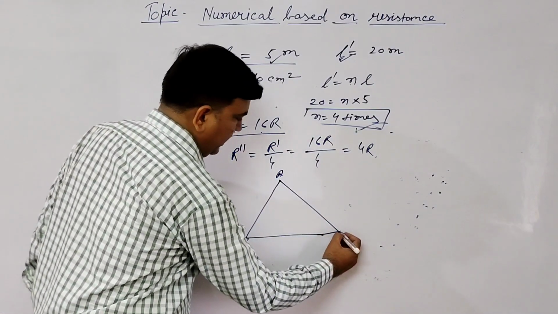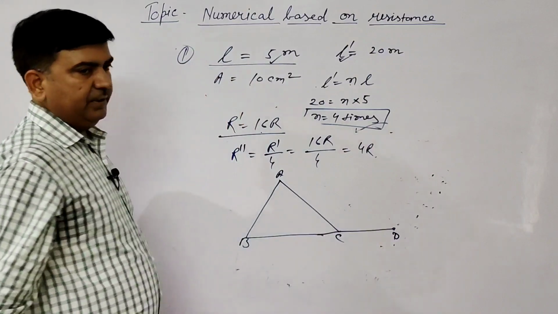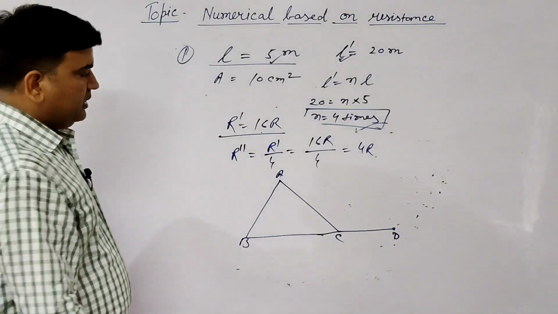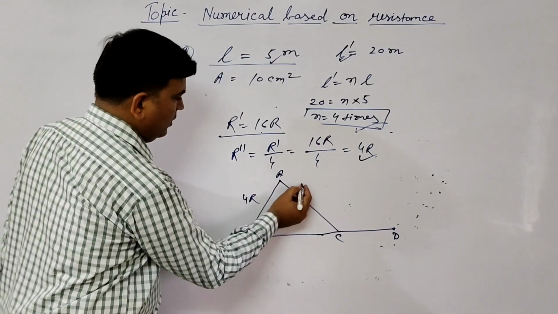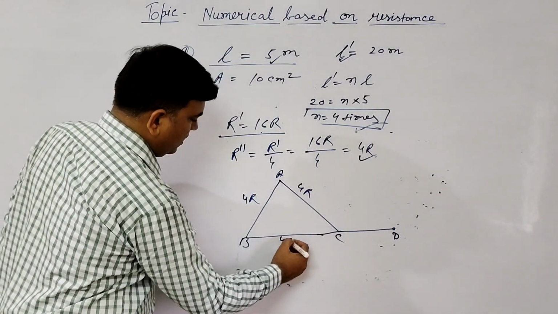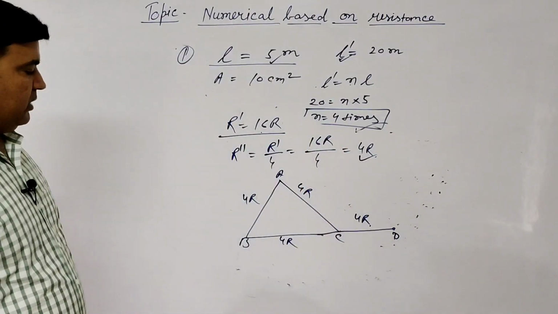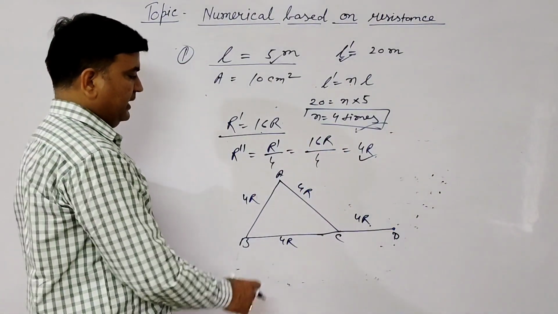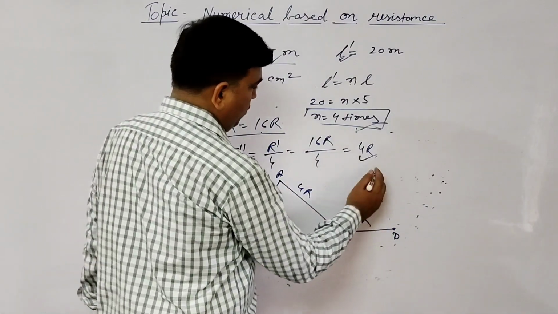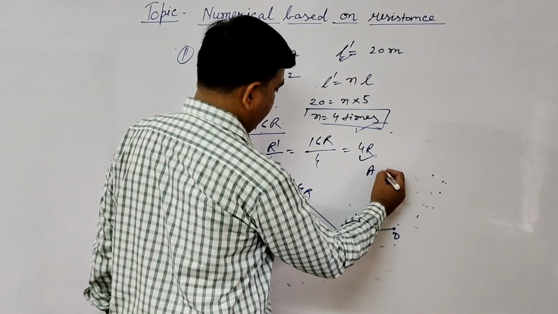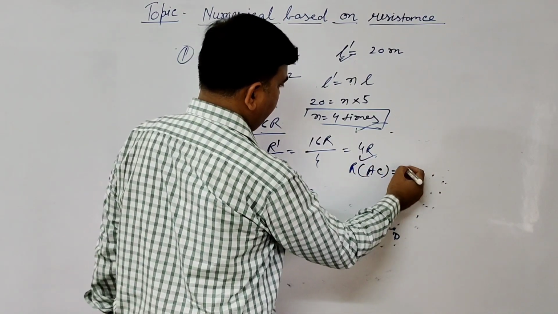So now another wire is connected in this way, CD, and everyone knows each part has the resistance of 4R, 4R, 4R and 4R. Then in the question, find out the equivalent resistance across the point AC.